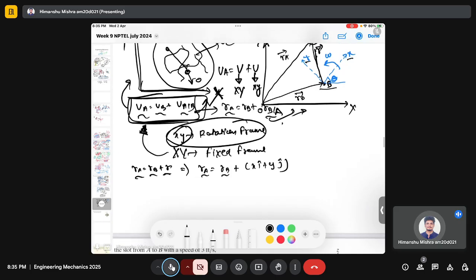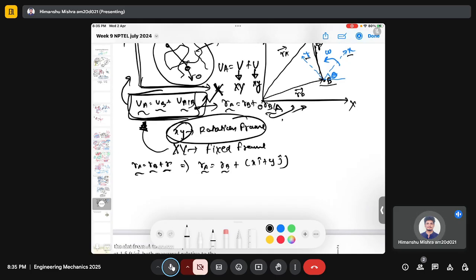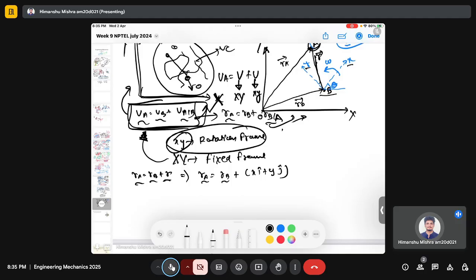Now we will take a time derivative, but when we do, you can see this rotating frame x and y is also changing. The components x and y are changing because the frame is rotating, so the unit vectors i and j cap will also change, and x and y will also change in time.